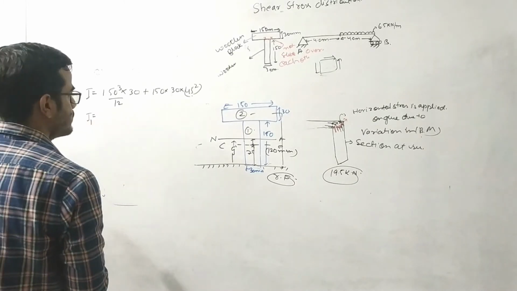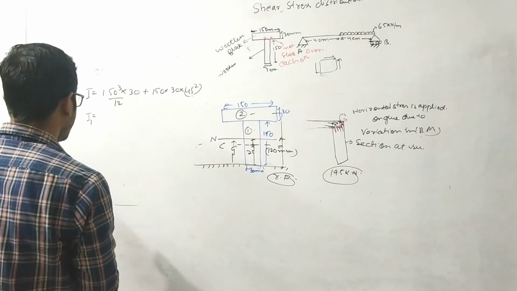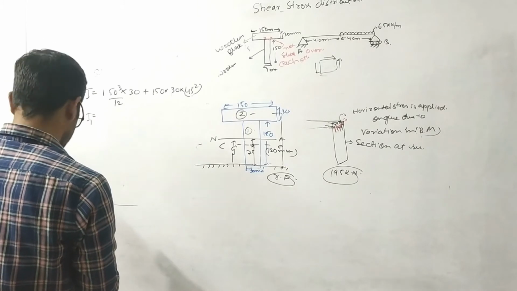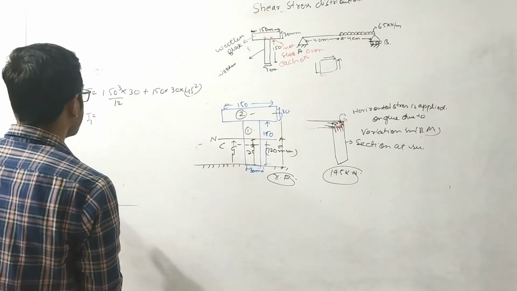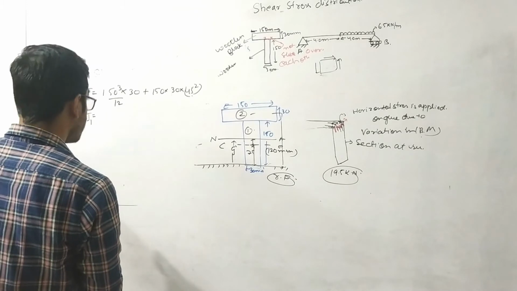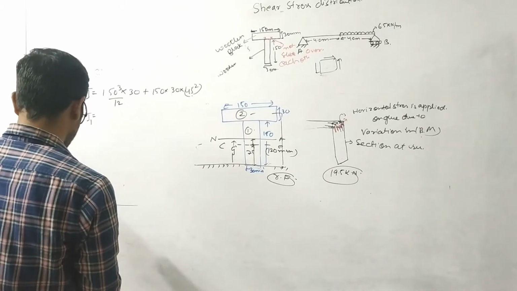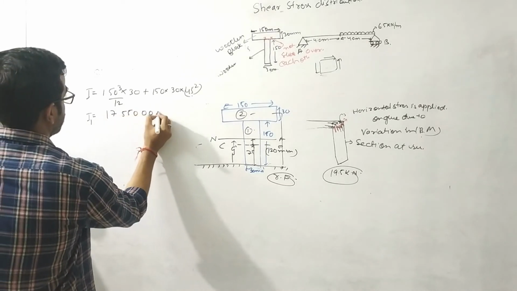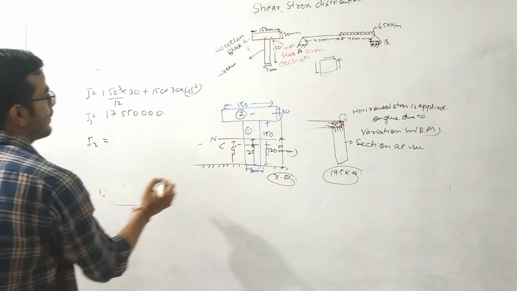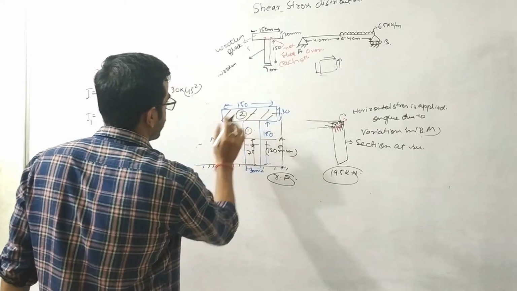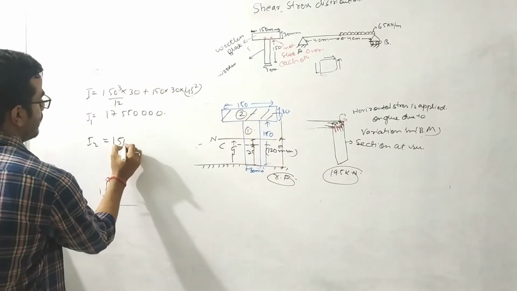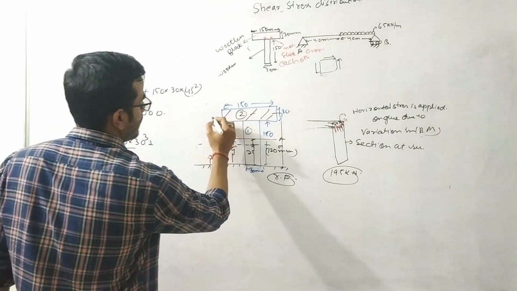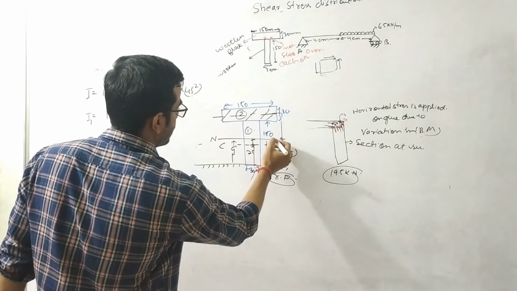So I1 will be 150 into 30 cube over 12 plus 150 into 30 into 45 square, which comes to 1755103. Then I2 I will calculate for this other area. It will again be 150 into 30 cube over 12 plus the distance between the axes.